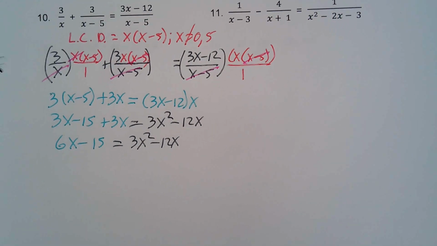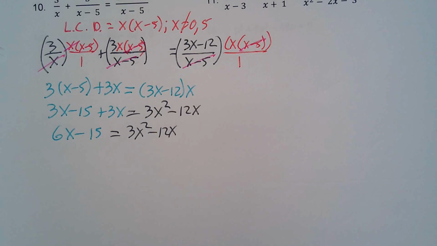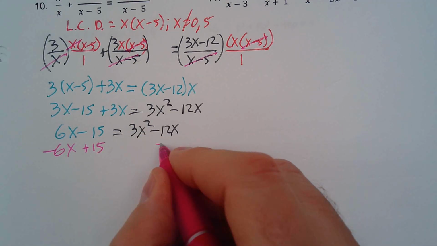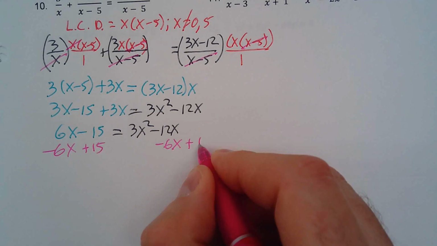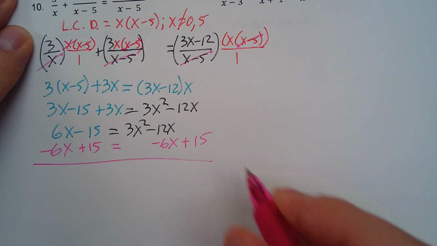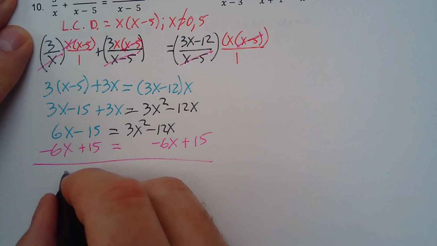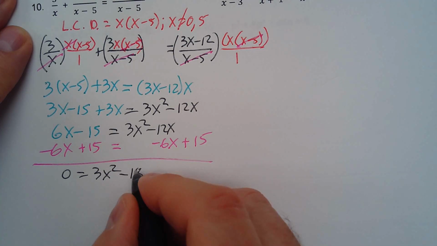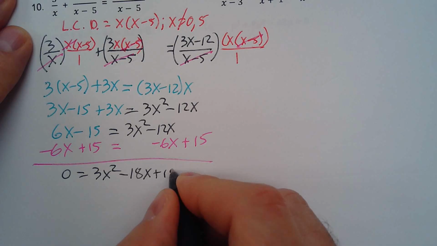We have a quadratic equation, so whenever we're working with a quadratic equation, we need to have 0 on one side. So let's subtract 6x and add 15 to both sides. That gives me 0 equals 3x squared minus 18x plus 15.